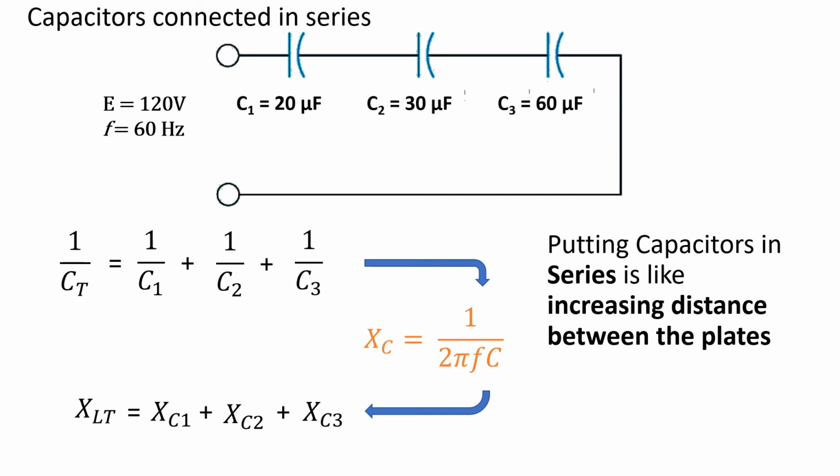All of your old series Ohm's law principles still hold true. Where ohms add in series, voltages add in series, current is common in series, powers add in series. It's just capacitance is an inverse function in series.